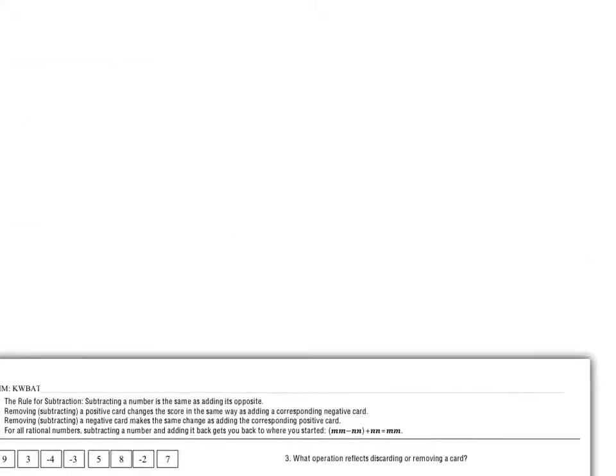Let's go ahead and write down our aim for today. Today's aim, Kipsters will be able to create a rule to rewrite subtractions as additions.